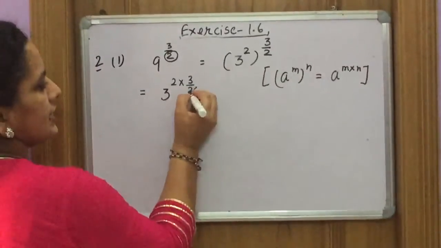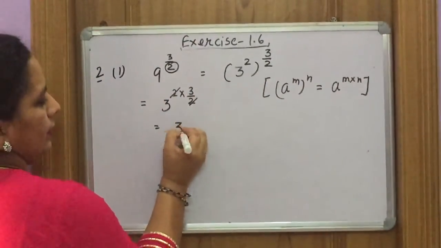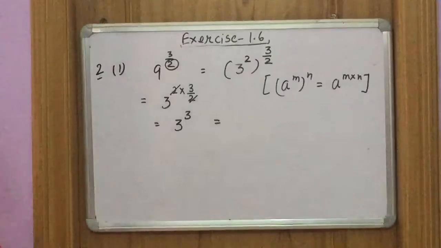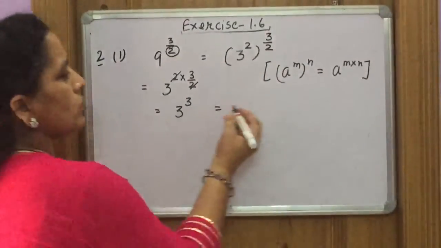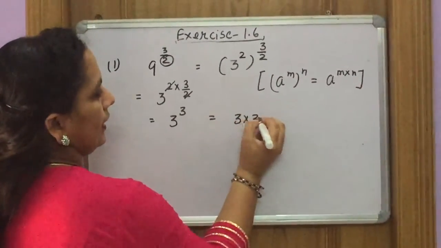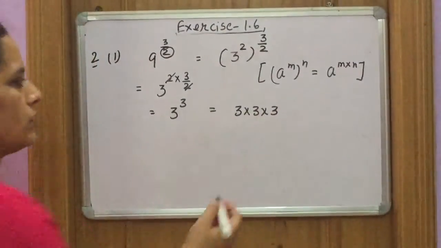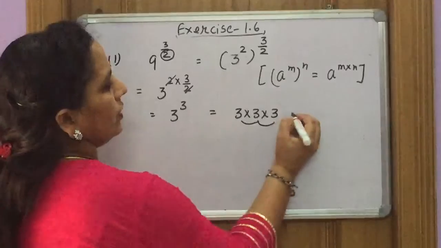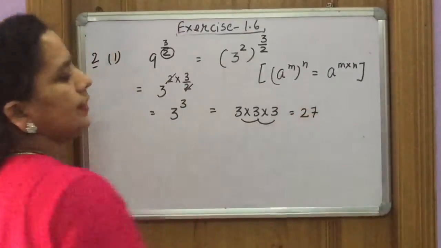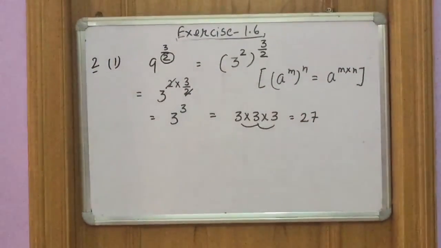So here we can cancel 2 and 2. We will get 3 raised to power 3. We can solve this term, 3 raised to power 3 means write 3 times. So 3 3s are 9 and 9 3s are 27. This is our final answer.